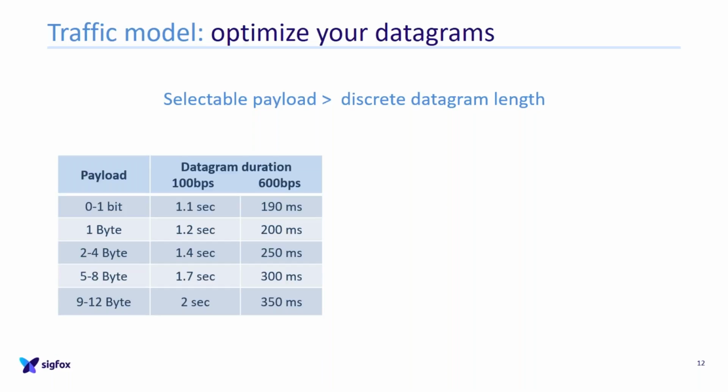I'll give you an example, I will not read through the table. If you have to report aggregated sensor values, and they take 5 bytes, and you request a 5-byte payload transmission from the Sigfox library inside the device, in fact, the datagram will build an 8-byte payload transmission, with your 5 bytes and 3 bytes padding.